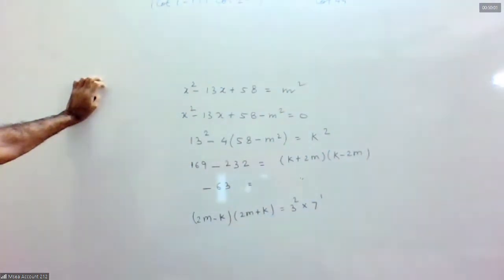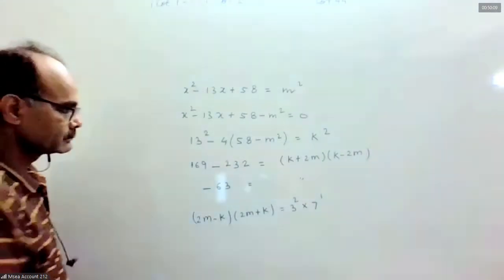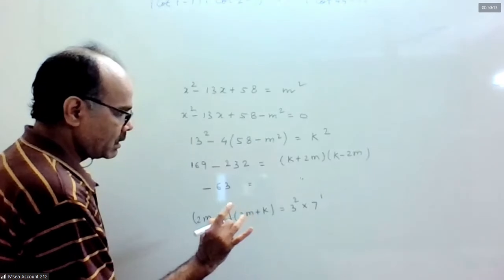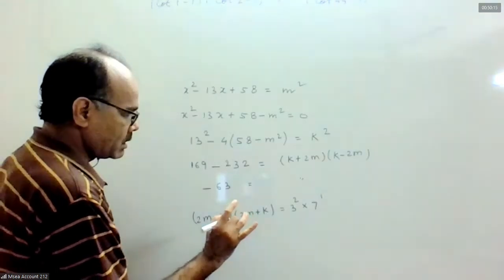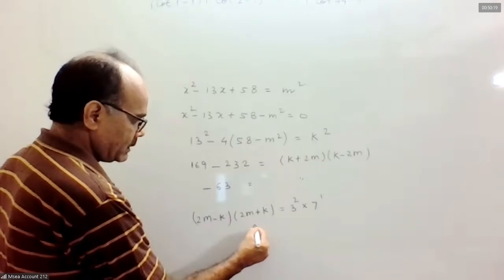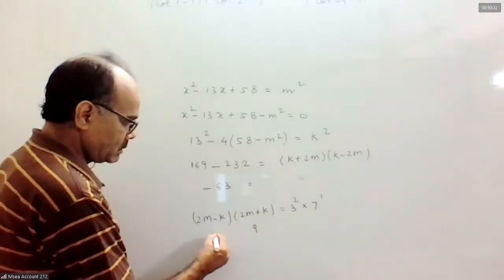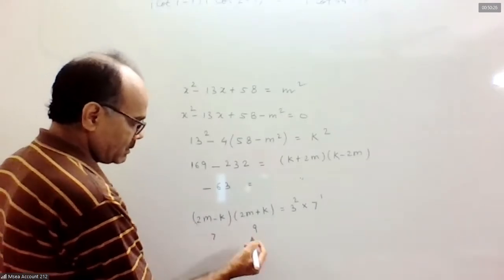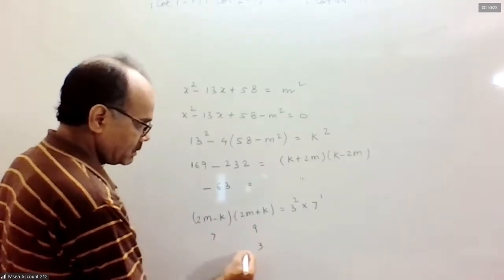One possibility is we have to take... a lot of cases are coming. Sir, the key says there are 4 values for x, but while solving, I got 6 values. See, one possibility is this is 9, this is 7, minus 7, minus 9. 3, 63 and 1, sir.